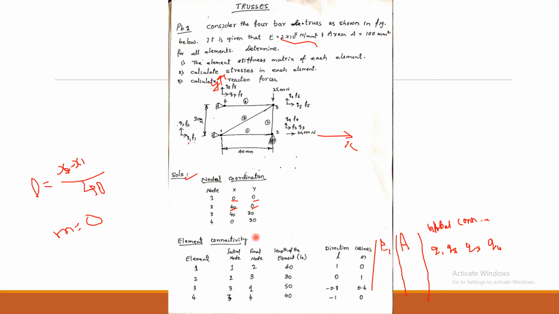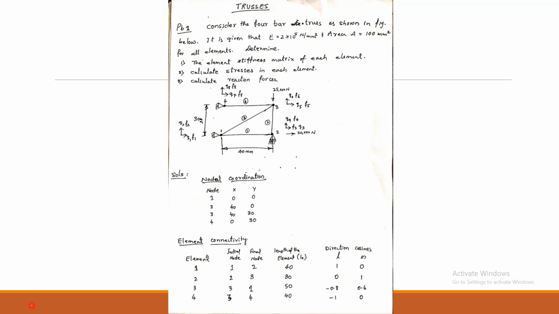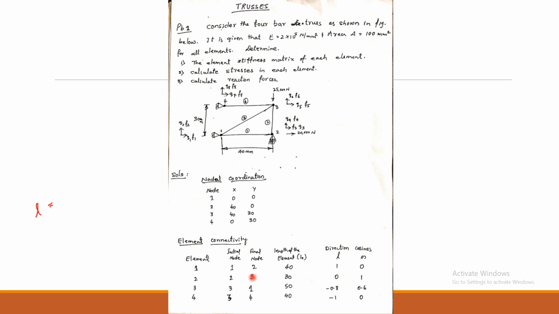So if you pick the direction cosine L for this one, so there are all these factors. So L for the element 2, L is equal to x3 minus x2, because x final minus x initial, x final is x3, x initial is x2.